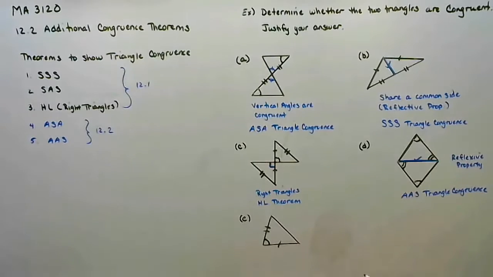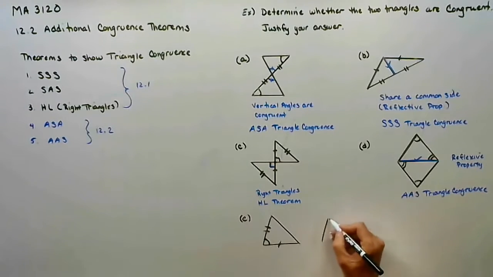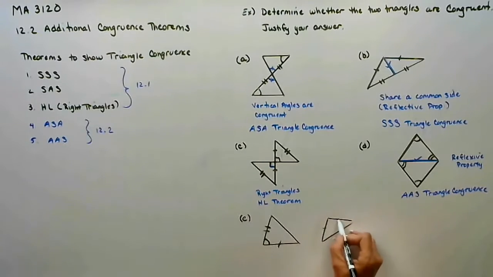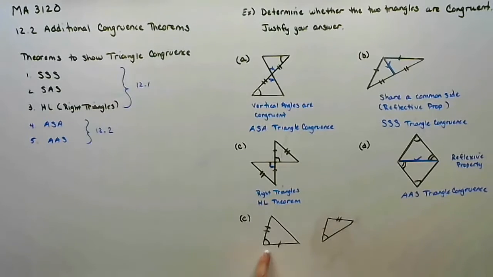So maybe it's a rotated shape. I gave you this side, and this angle. So it looks like on the first triangle, I have a side, an included angle, and a side. So it looks like I have side, angle, side.